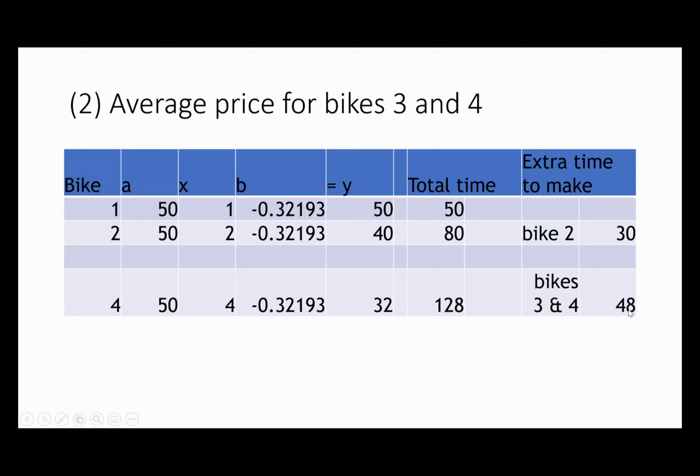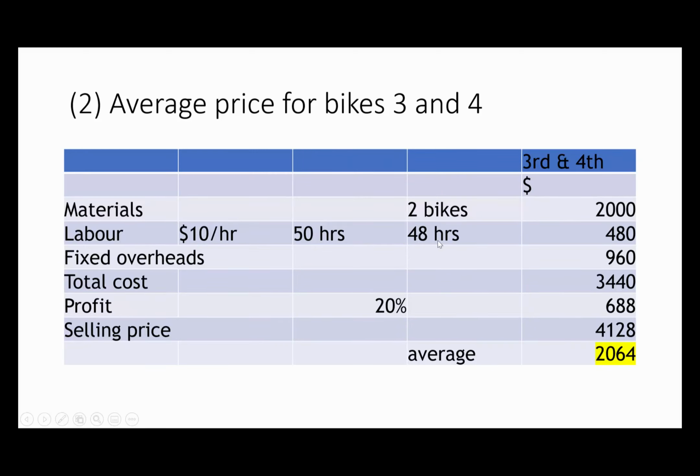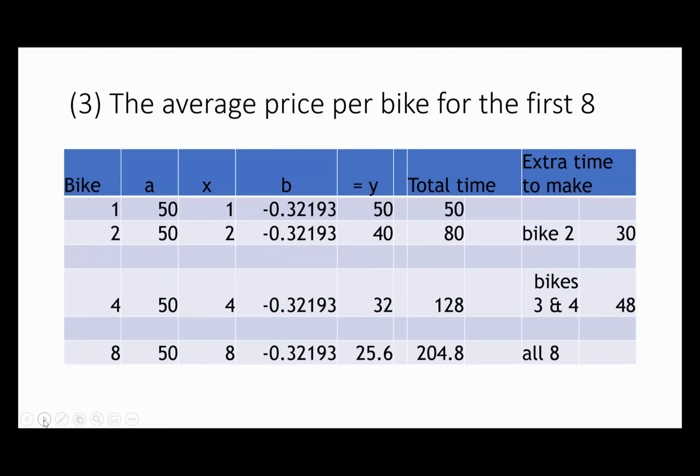So it's going to take us 48 hours to make bike 3 and bike 4. In they go. We've got 2 bikes, so obviously materials is doubled, and then just work through, and it gives us the 2,064.